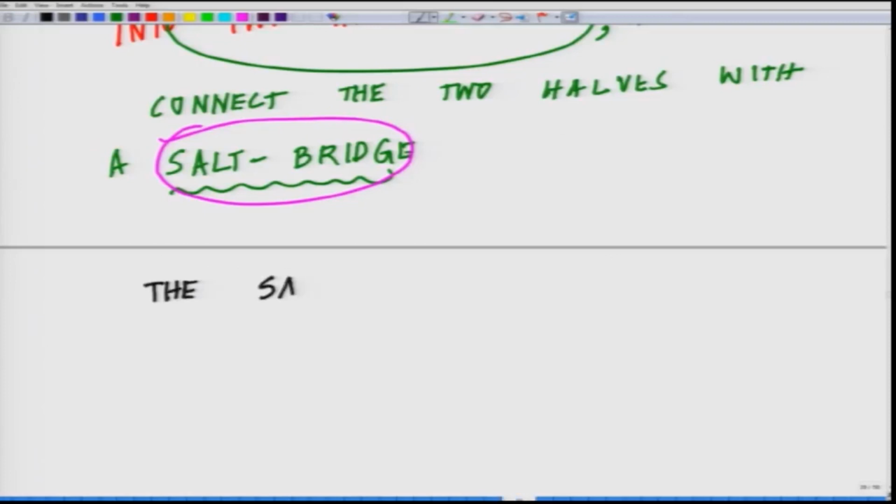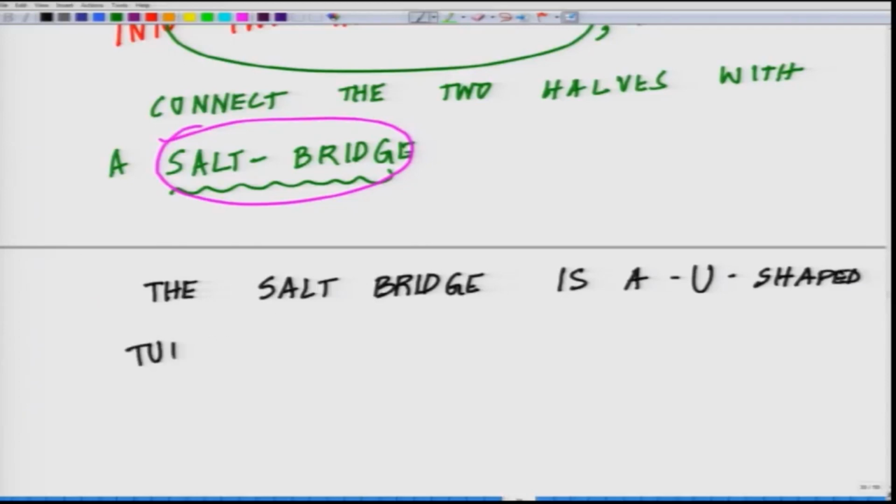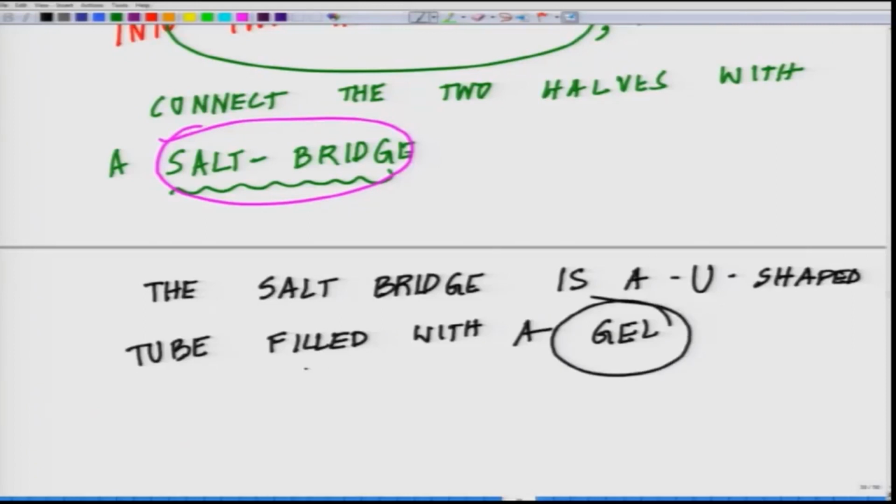The salt bridge is a U-shaped tube filled with a gel. Here is the gel, containing a very high concentration of KNO3.